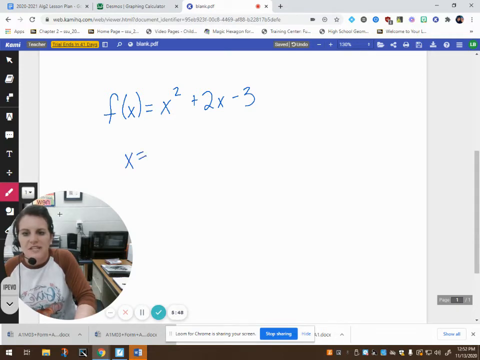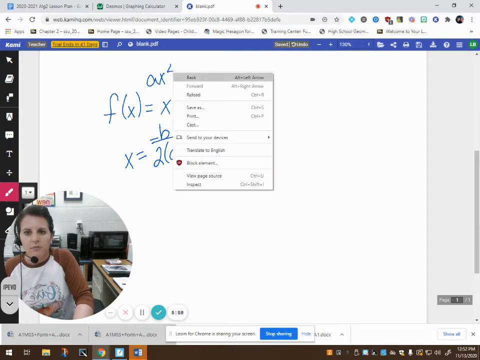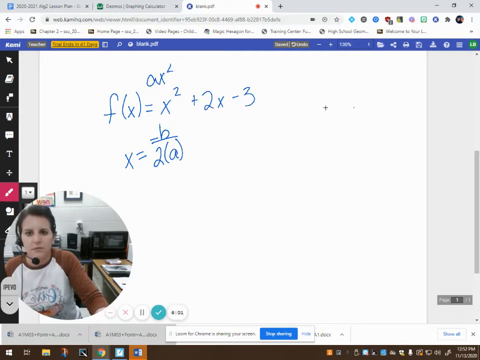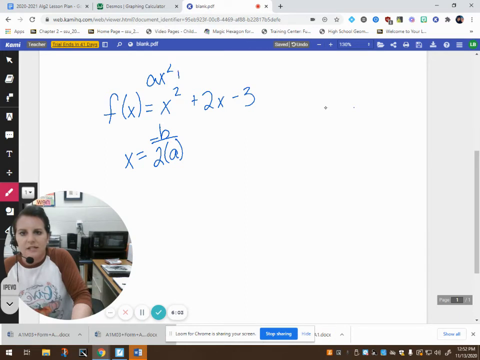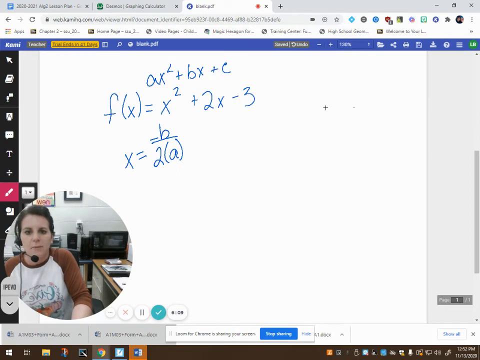So our formula, we said, is found by taking the opposite of the b term and dividing that by 2 times a. Well, remember, ax squared plus bx plus c. So the opposite of my b, well, this is my b. What is the opposite of 2?